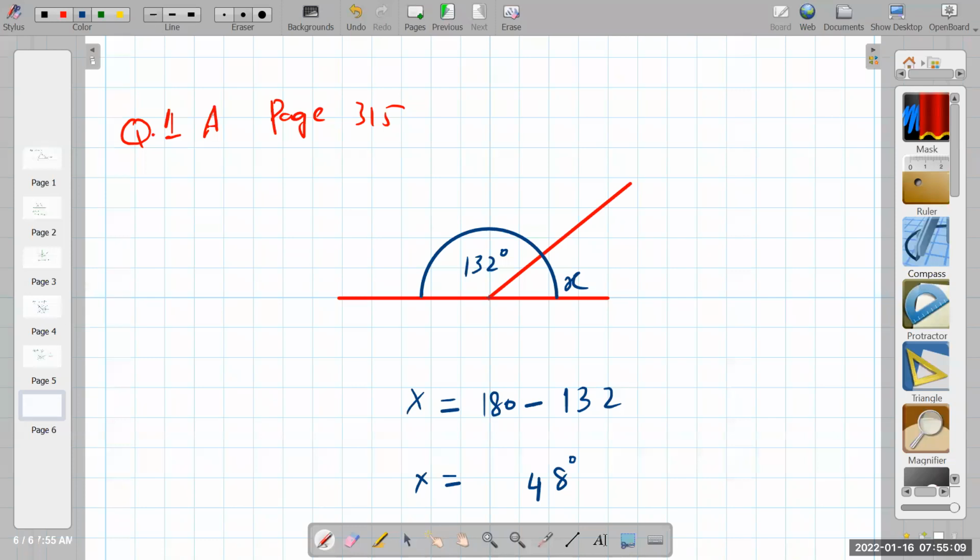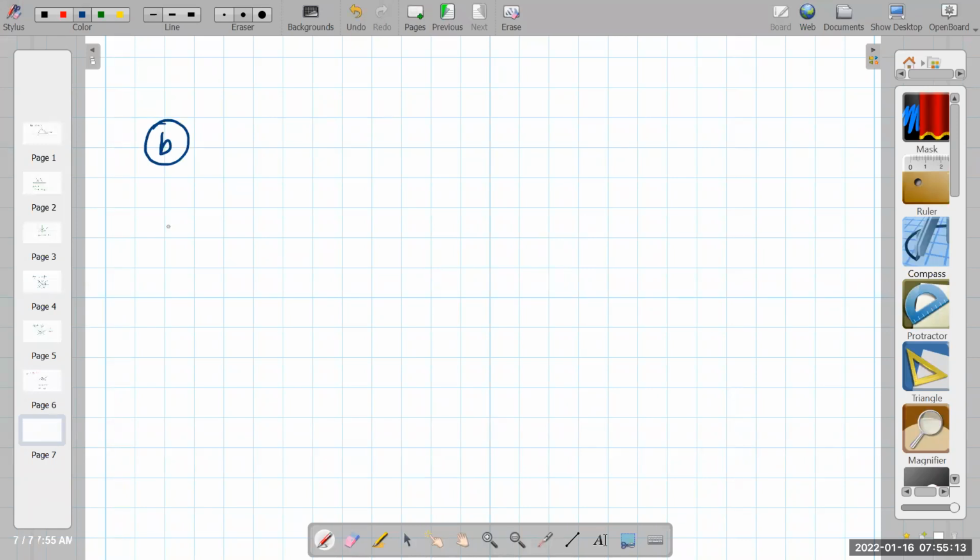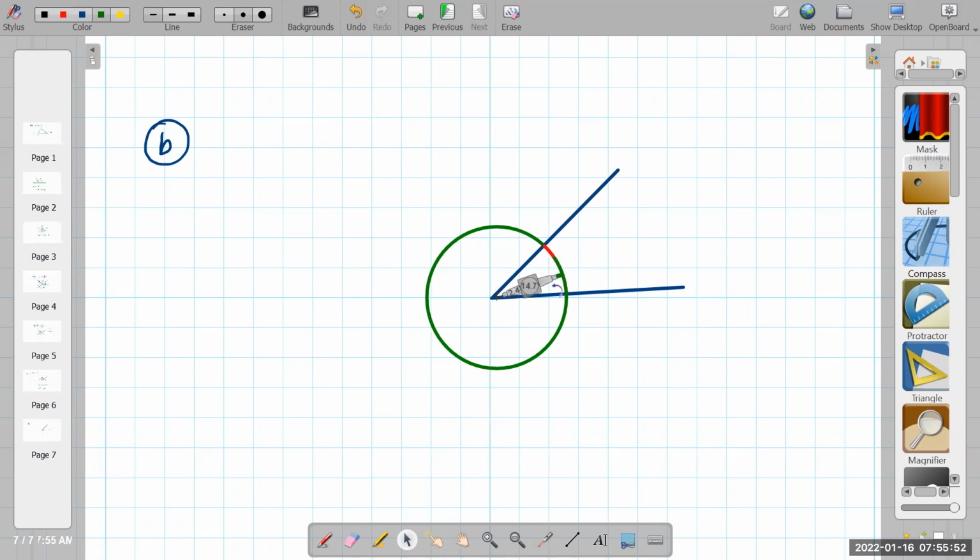Okay, now B. This one is 53, and the other is equal to x.